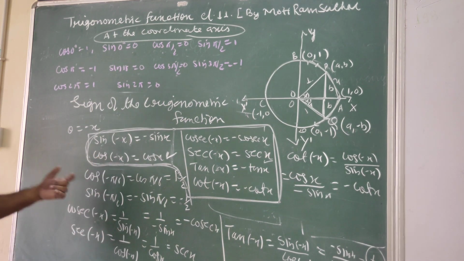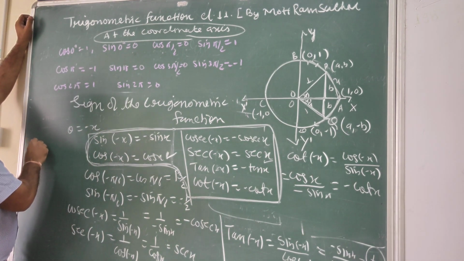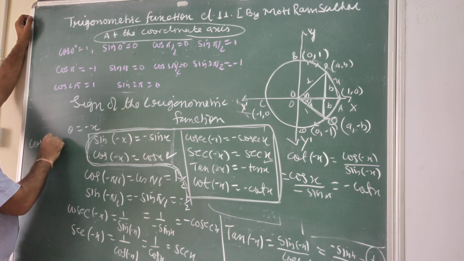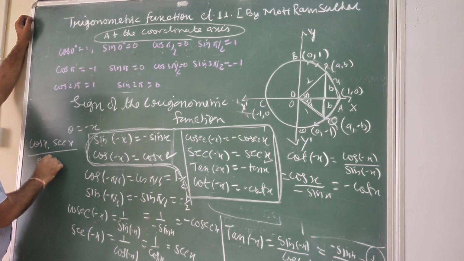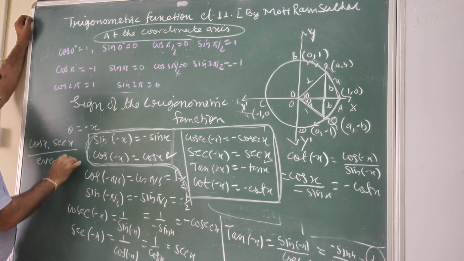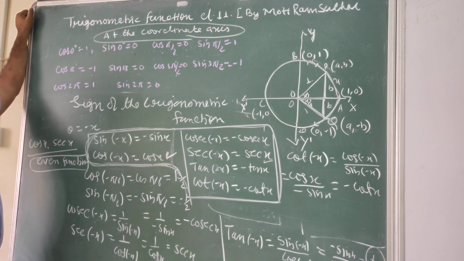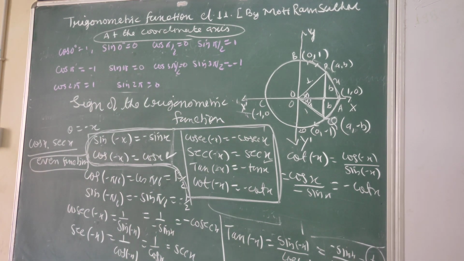So cos x and sec x are known as even functions. Even function gives you a positive value again when we are finding for the negative angle.